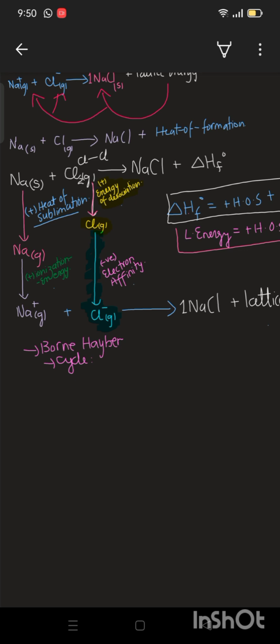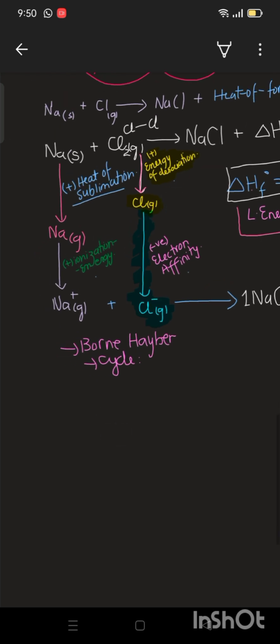Along with that compound, heat of formation, the energy, was released, right? And that is what we call the heat of formation. And then we need to calculate the lattice energy. We have already discussed that lattice energy is the energy which is produced along with 1 mole of ionic compound when it is produced from reactants in the gaseous form.